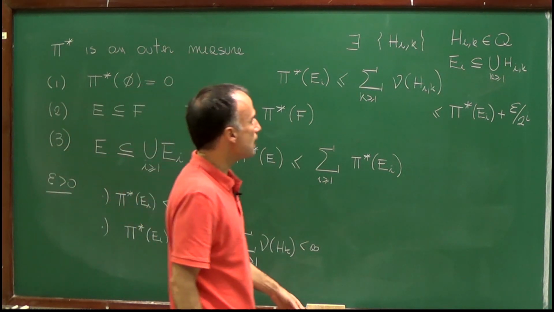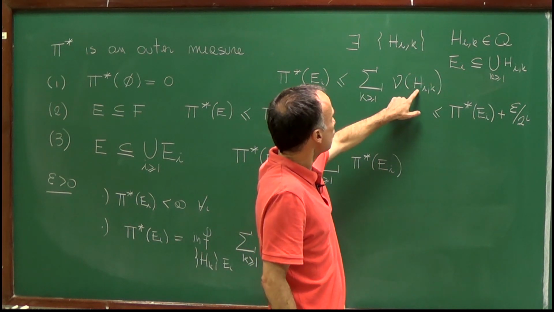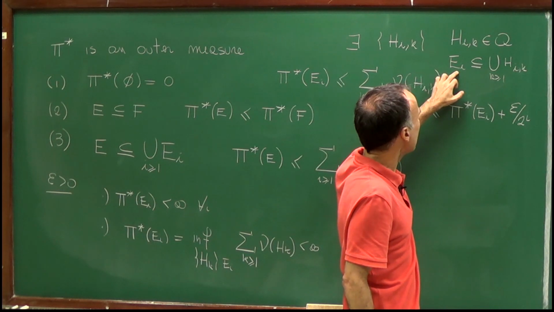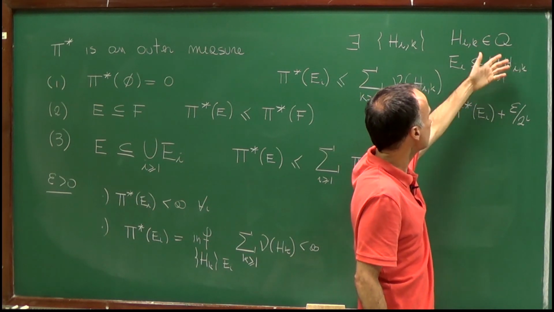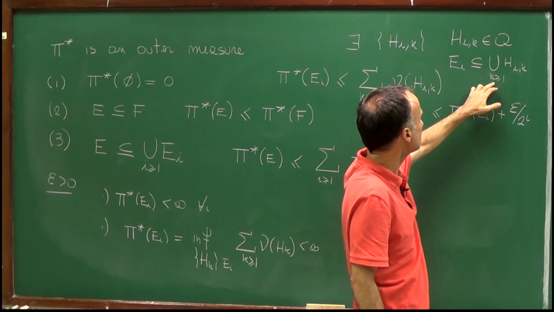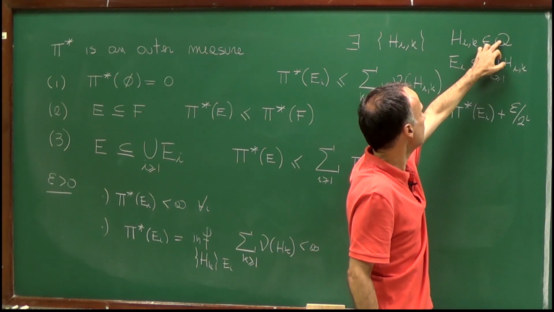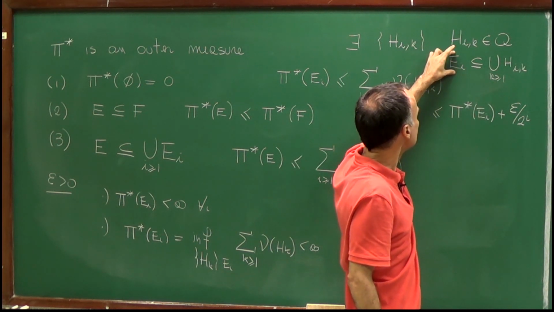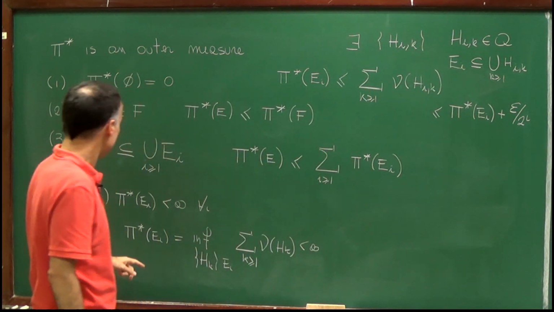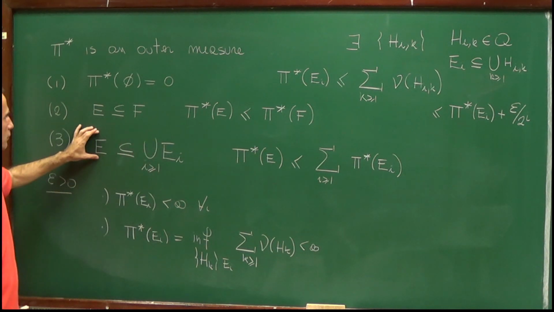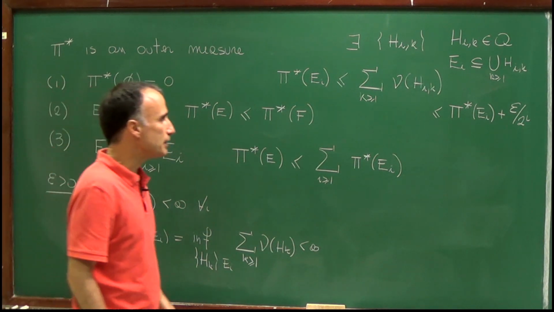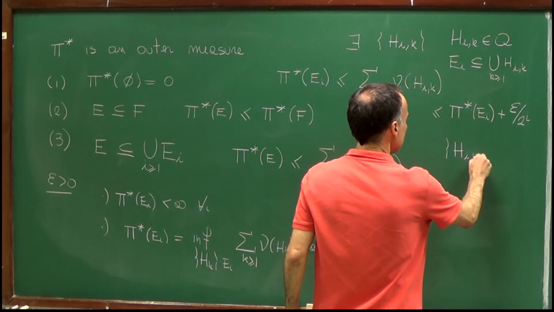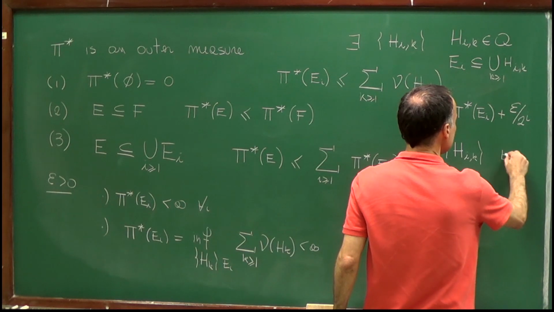That's nice, because now each family is a covering of E_i. So if you take the union of all these families, we still get a countable family of sets, which are all in the algebra. This union over i will be a covering of the union of E_i, but since the union of E_i contains E, the family H_ik is a covering of the set E, right?